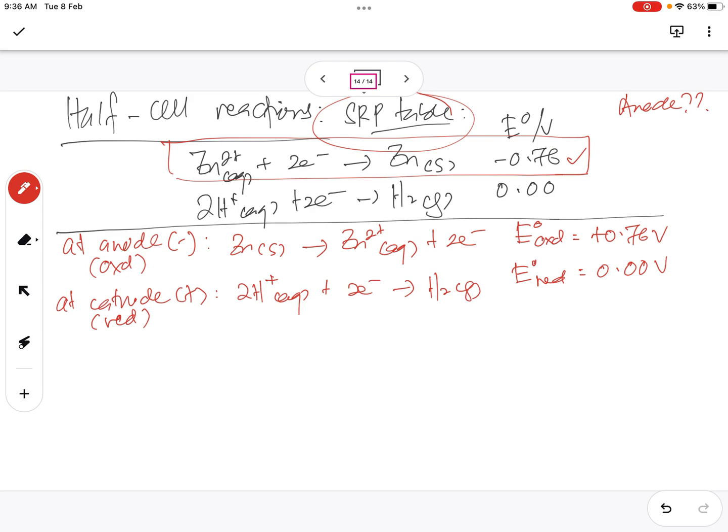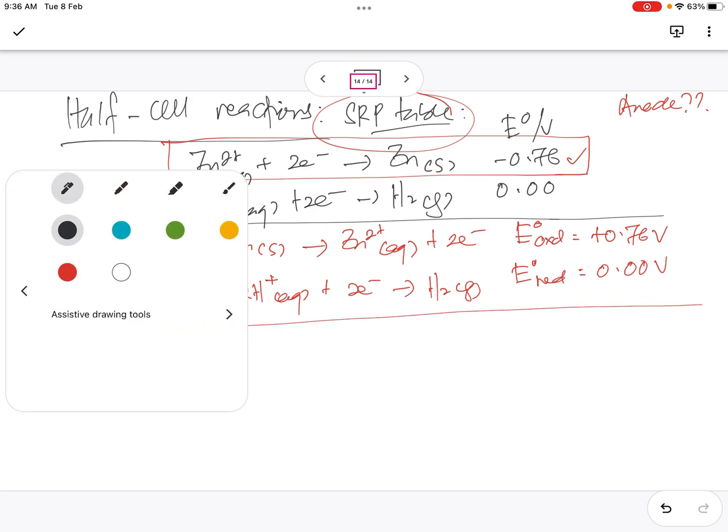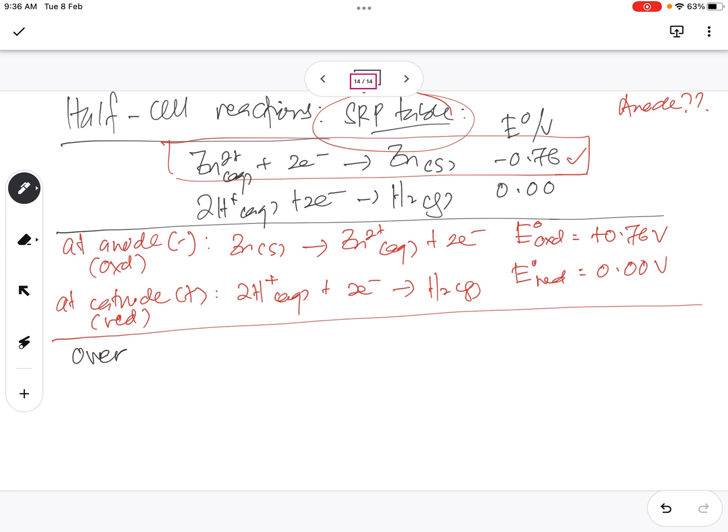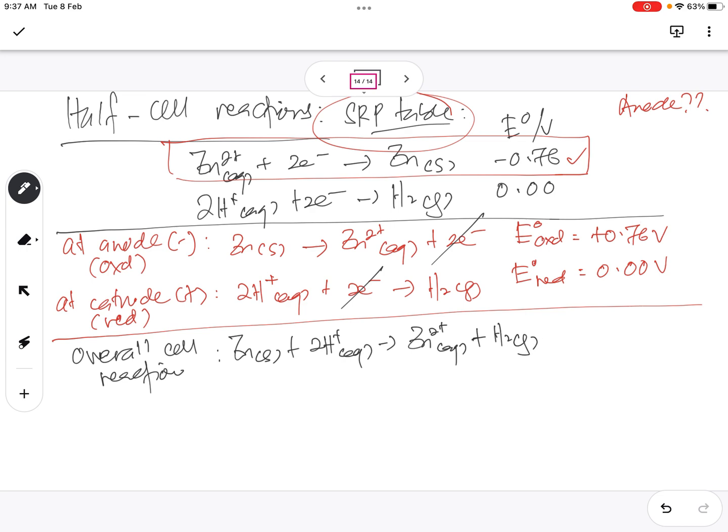Yes, sir. So underline, and then we can write the overall cell reaction. We can cancel the electrons, because the number of electrons is the same, so it is easy to cancel. So Zn solid plus 2H+ produces Zn2+ plus H2 gas.